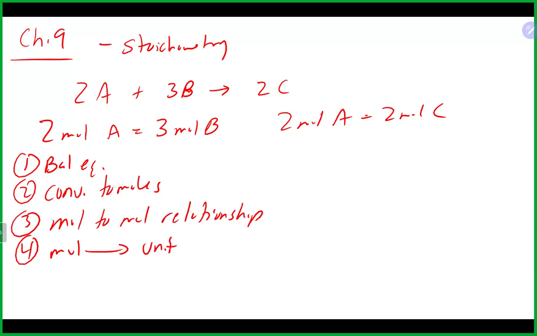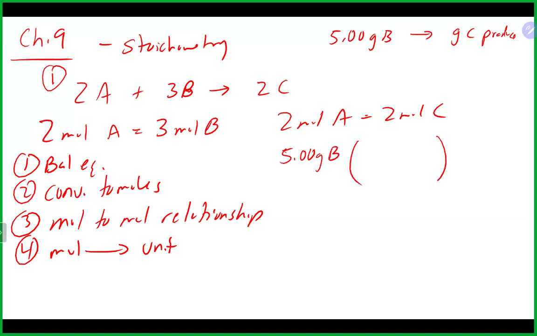So, for example, if I had 5 grams of B, and I want to know how many grams of C would I produce, my steps would be to balance the equation. I would take my 5 grams of B in this case.